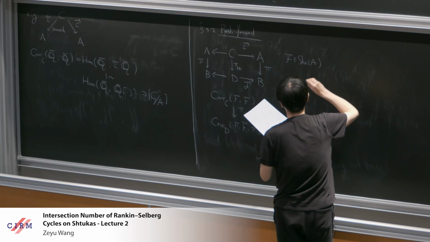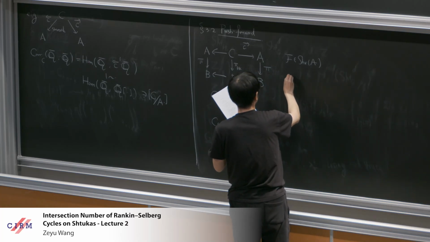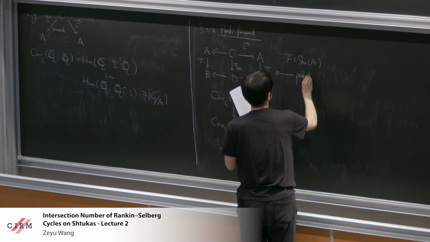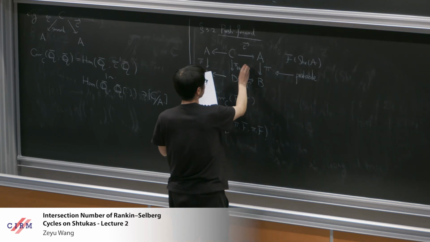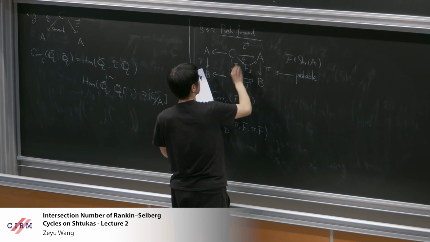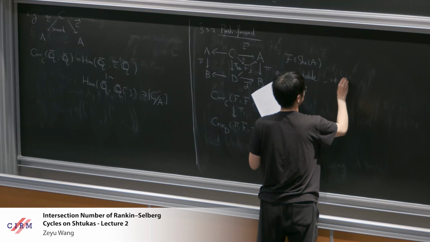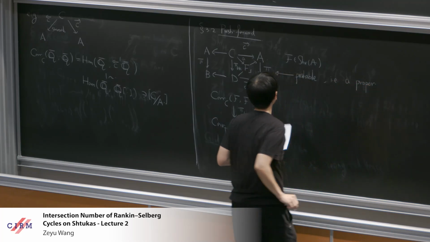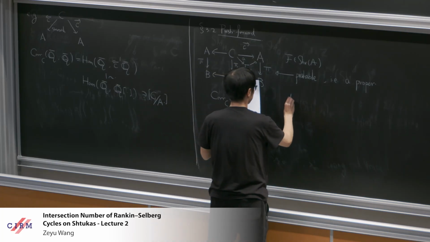It's only defined when this diagram is so-called pushable. Suppose it's pushable. That means if you form a fiber product here, then you have a map A, and this map A is proper.